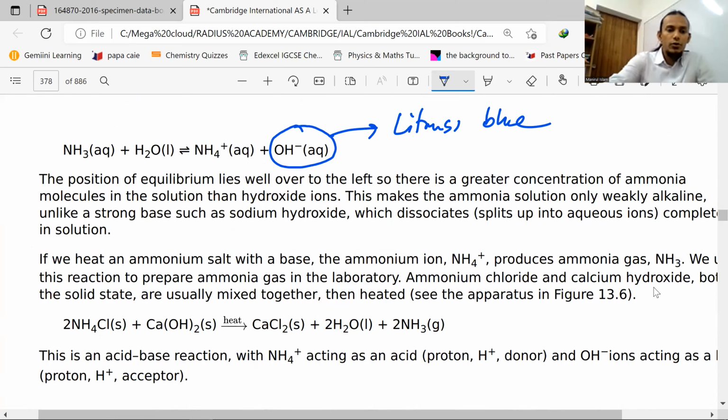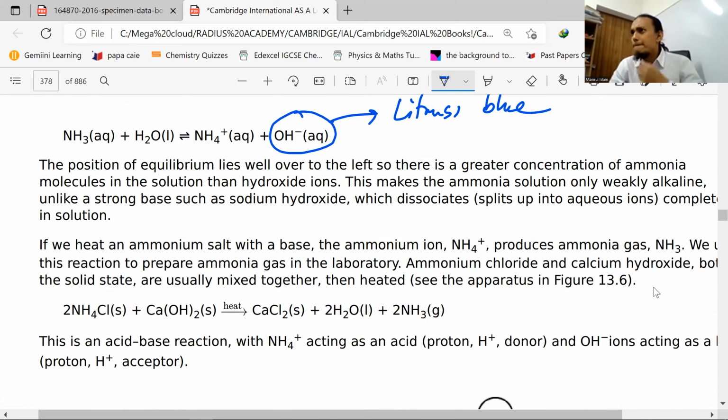Next, look, ammonium ion can be considered as an acid. Ammonium ion is an acid. Have you studied conjugate acid-base? Here water is a proton donor and ammonia is a proton acceptor, so this is the base, this is the acid.